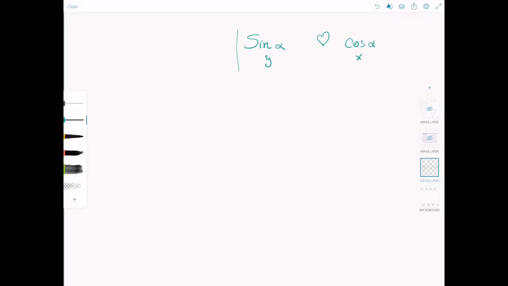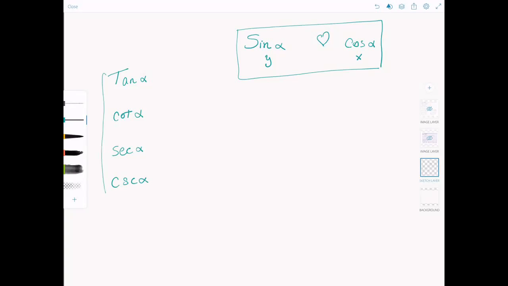Then from here, we came up with 4 more trigonometric functions: tangent of alpha, cotangent of alpha, secant of alpha, and cosecant of alpha. So these 4 come from sine and cosine. This sine and cosine makes tangent, cotangent, secant, and cosecant.